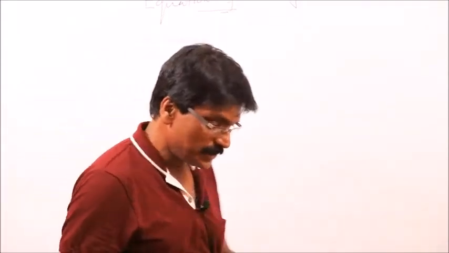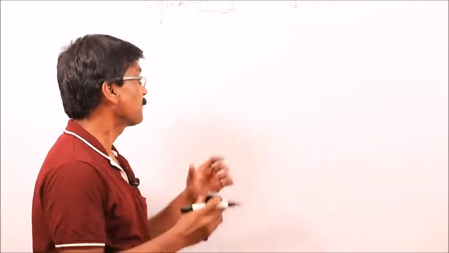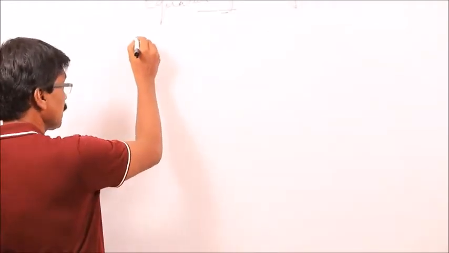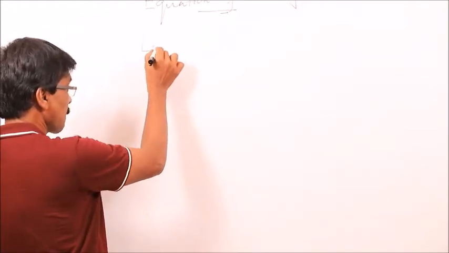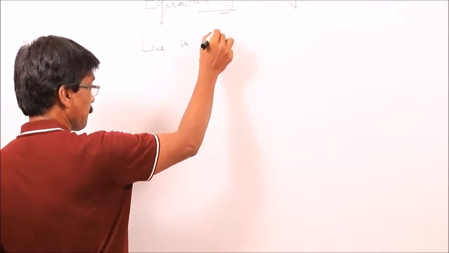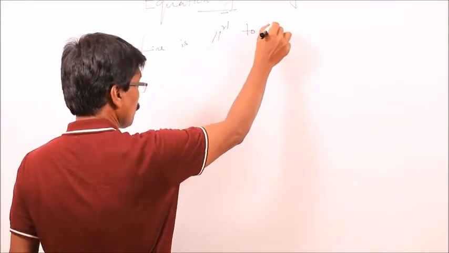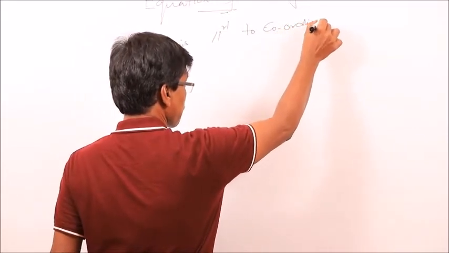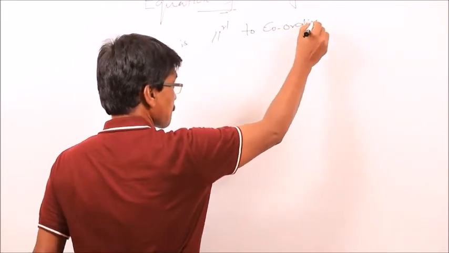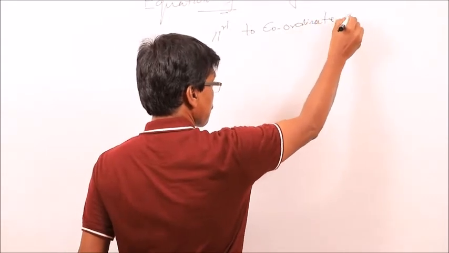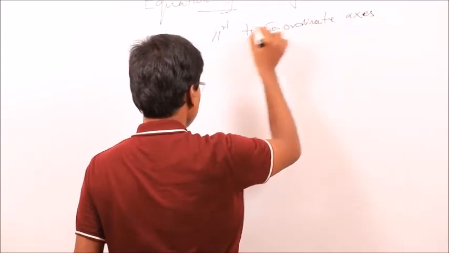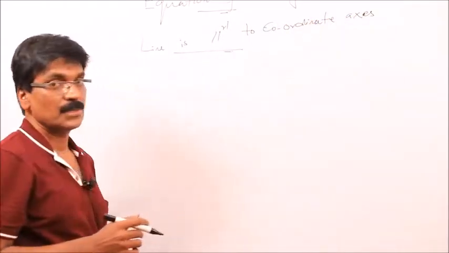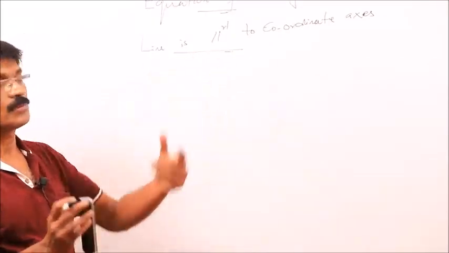So, to find the equation of a straight line, first we will discuss if a line is parallel to a coordinate axis.